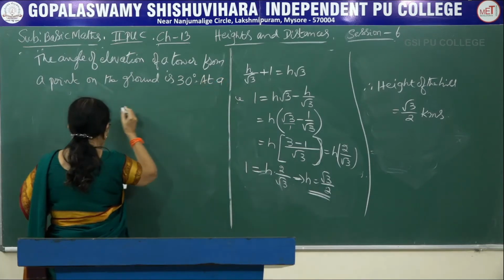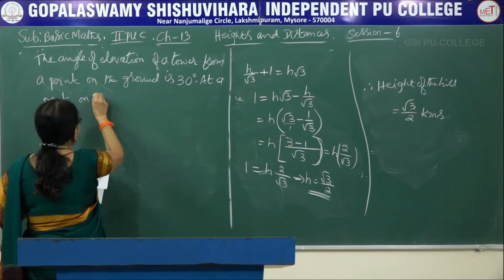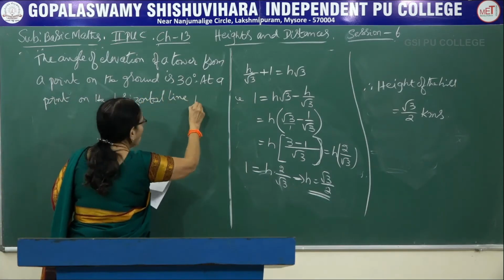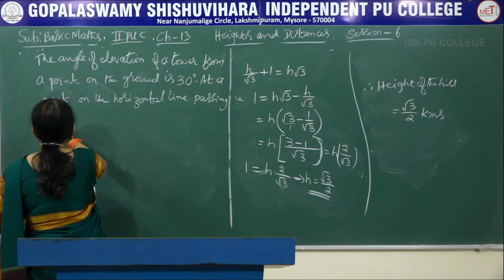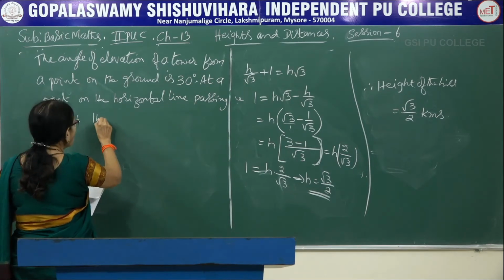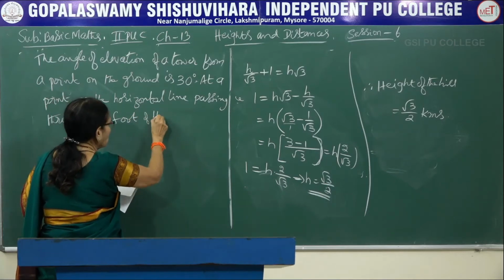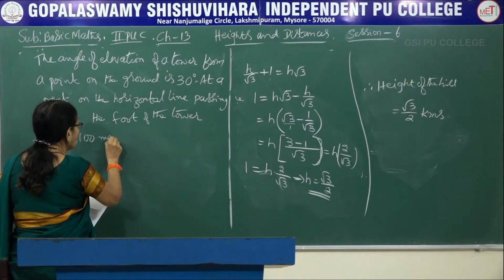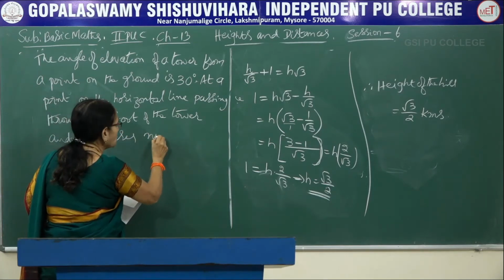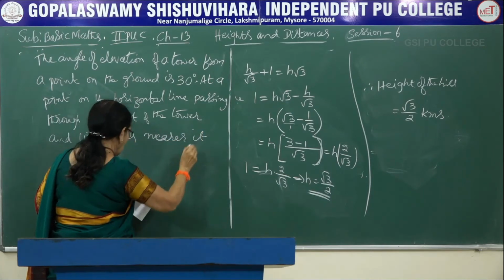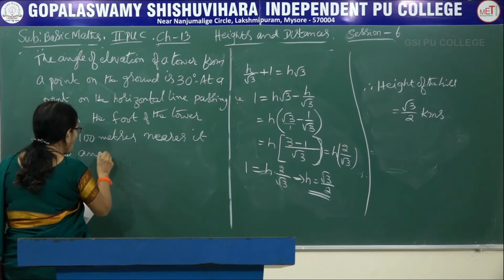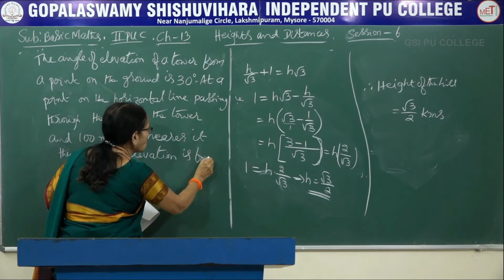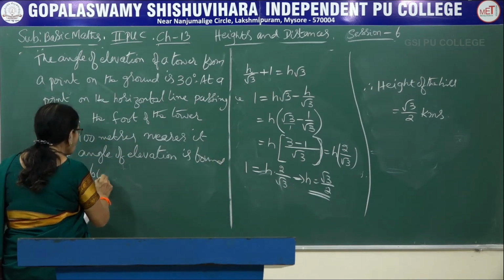At a point on the horizontal line passing through the foot of the tower, and 100 meters nearer it, the angle of elevation is found to be 60 degrees.